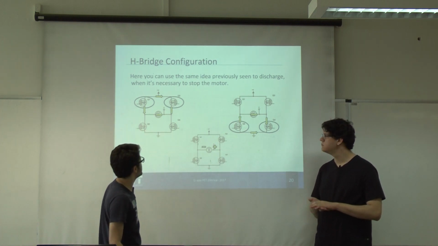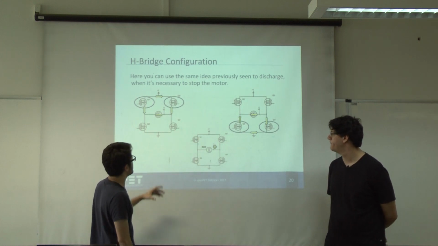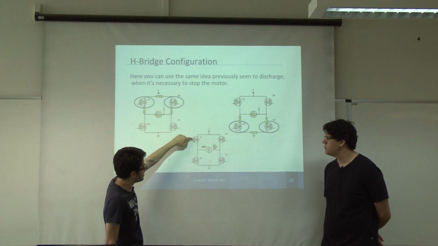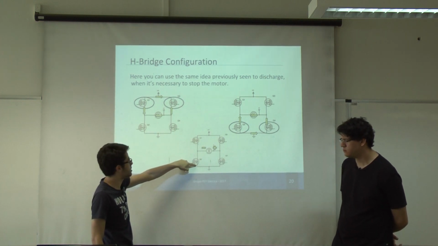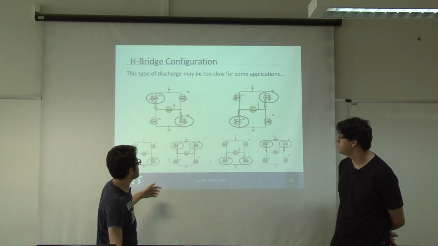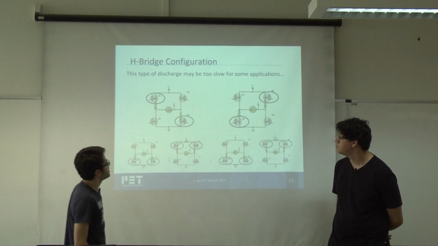So it's really easy to do this logic, but you have to take care to never let this and this commutate at the same time, because you can really cause some problems with this.